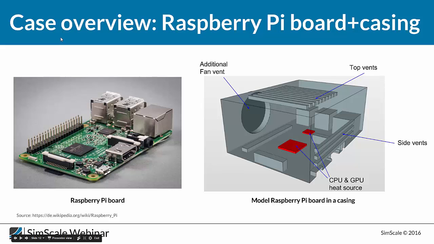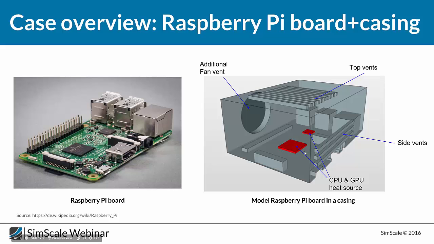And this is the case under consideration. A Raspberry Pi board is a series of single board computers, essentially the size of a credit card. As you can see here, this is the Raspberry Pi board, and you have the CPU, the GPU, which is the graphical processing unit, and many other devices.